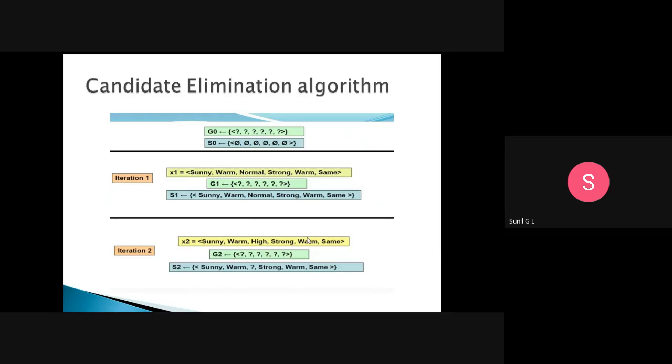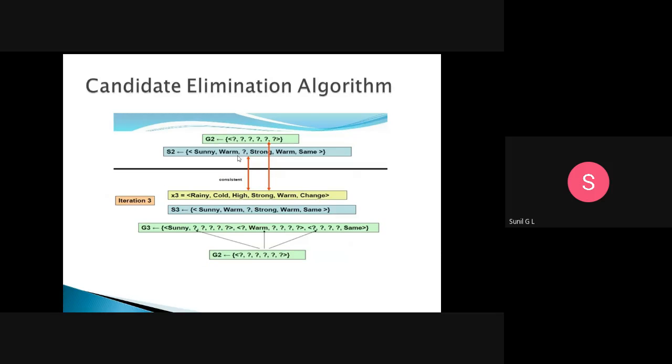Warm and warm are the same, keep the same. Same and same, keep the same value. So whenever a value is different, we go for the question mark. G2 keeps the same value as G1, all question marks, because this is a positive data set. So here we have G2 and S2.